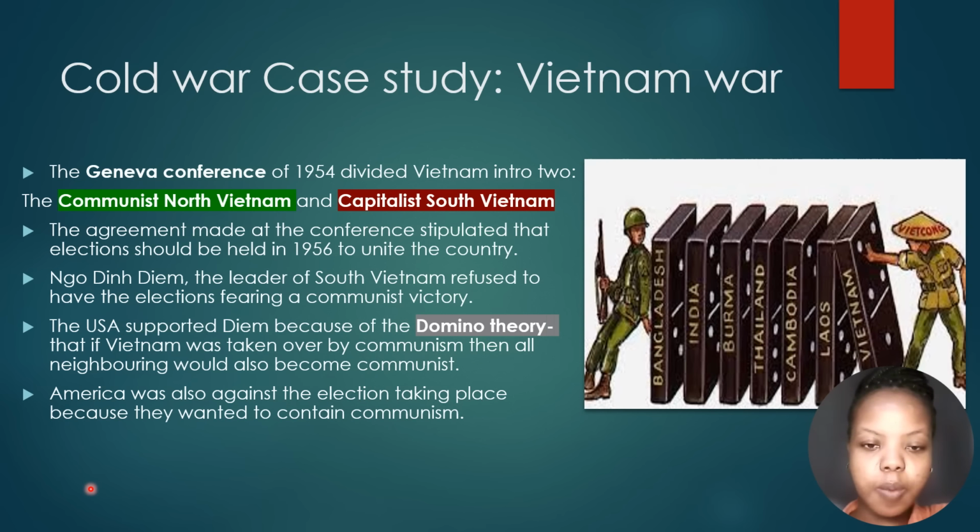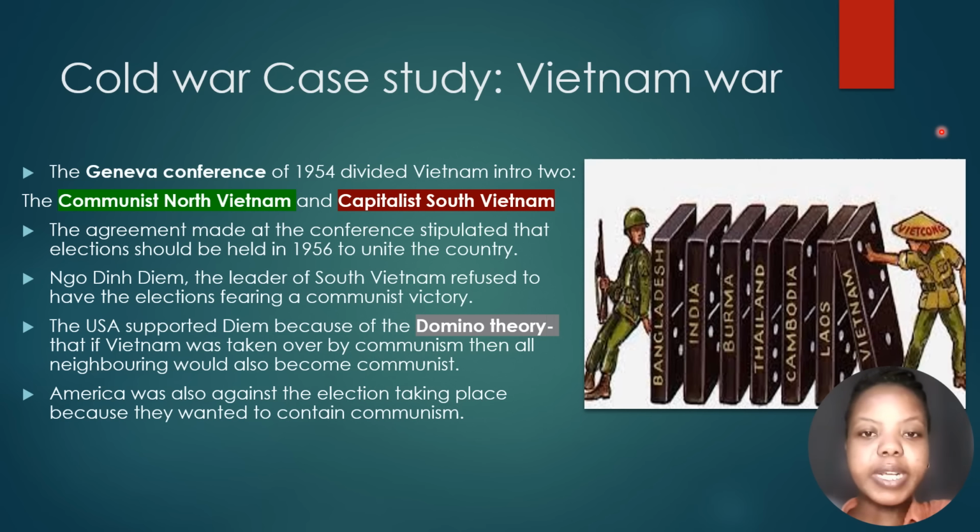Now please take note that anything that is highlighted in green or anything that is highlighted in red, just know that it is a key point. You need to discuss it in your essay. Now, let us unpack the Geneva Conference that I said you must talk about in the background. So the Geneva Conference of 1954 divided Vietnam into two, into Communist North Vietnam and anti-Communist South Vietnam.